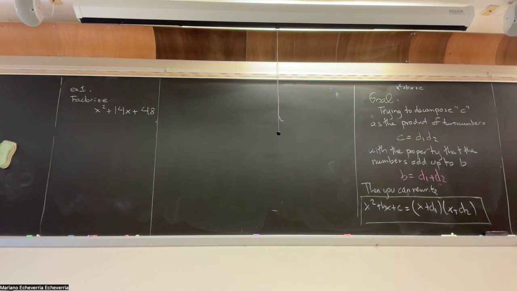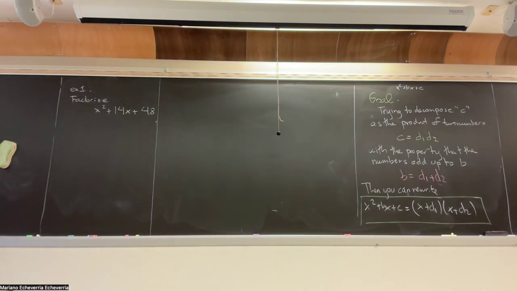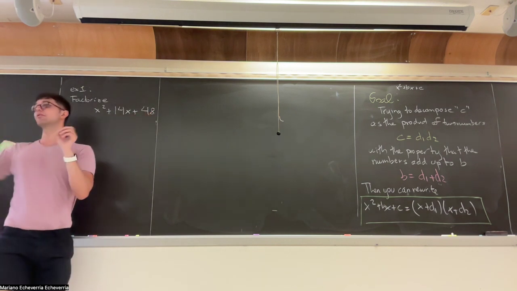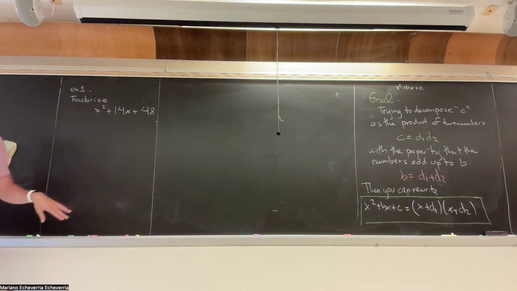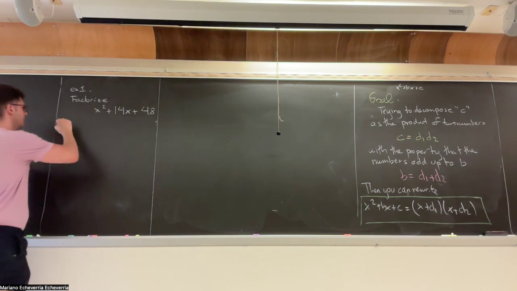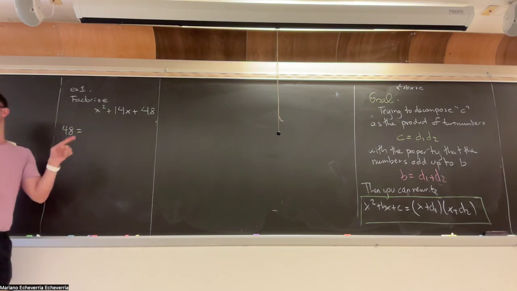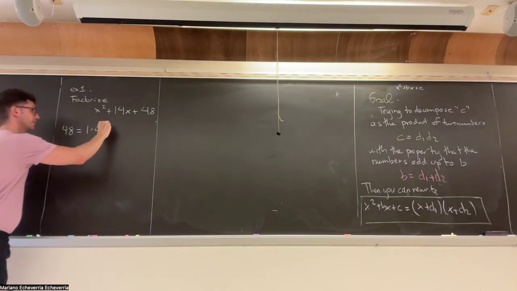Okay. So when you have something like that, again, the goal is to look at the constant term. The constant term in this case is 48. So how do you break 48 into a product of two numbers? You can try all the possibilities that come to mind. What is 48? 48 is 1 times 48.